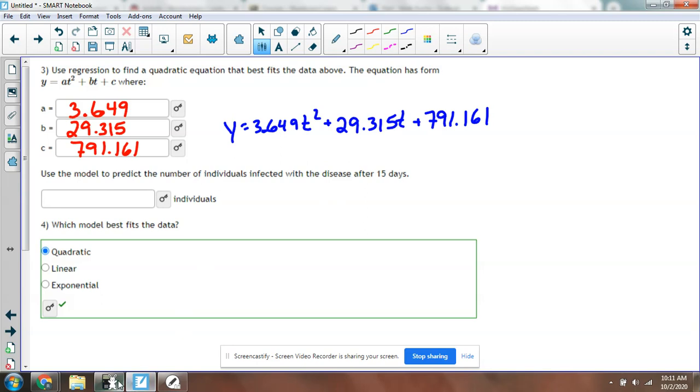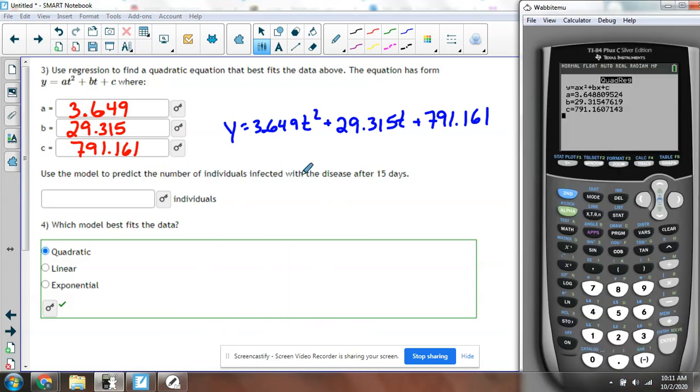Okay, so I'm just going to, again, find the number of individuals affected after 15 days, plugging in 15 for each t. So I'm going to start here, 15 squared times 3.649. I'm going to leave that there for right now. Then I'll do 29.315 times 15.